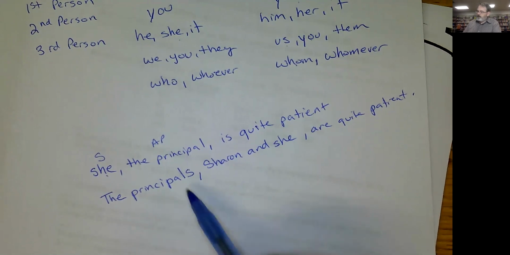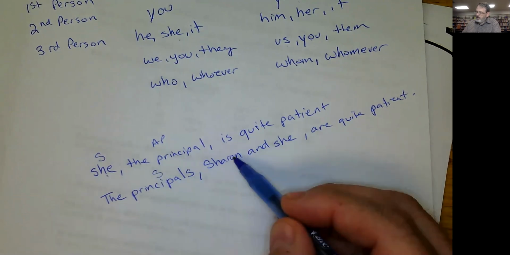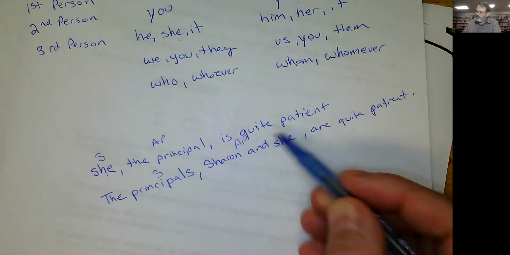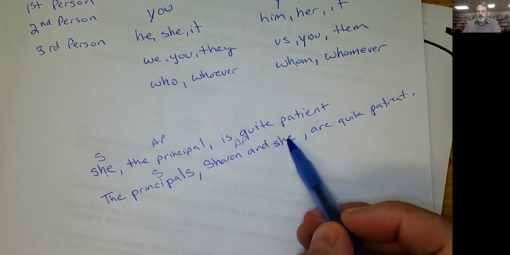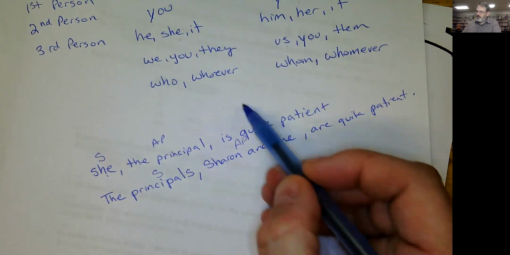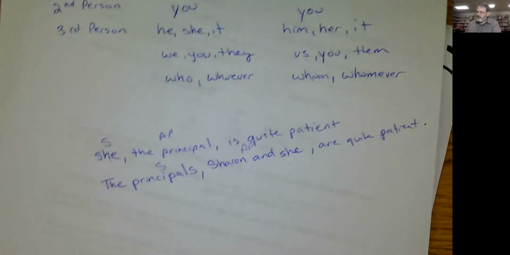There. So the principals is a subject. This is an appositive. It's a compound appositive. There are two principals. The first principal's name is Sharon. The second one is named she. She must be she because it's a subject, and that's an appositive, and that's a nominative case pronoun.